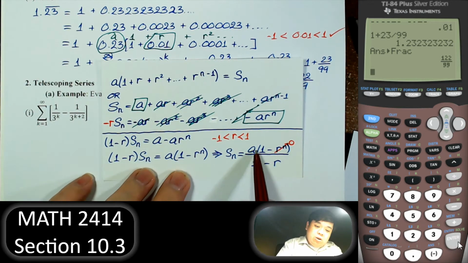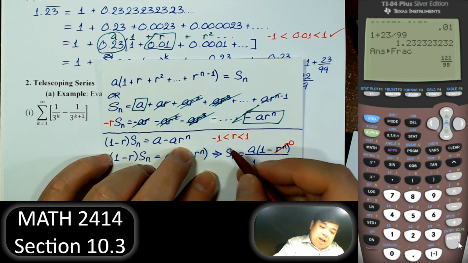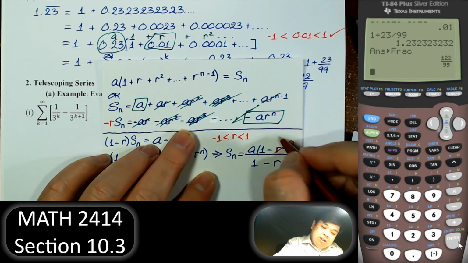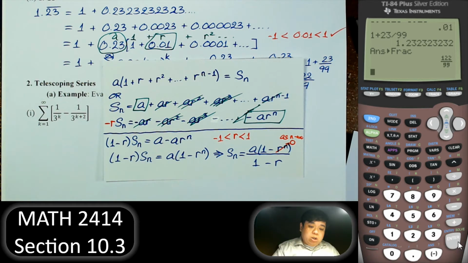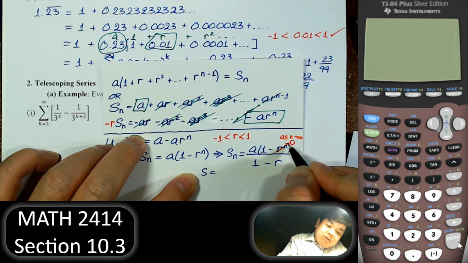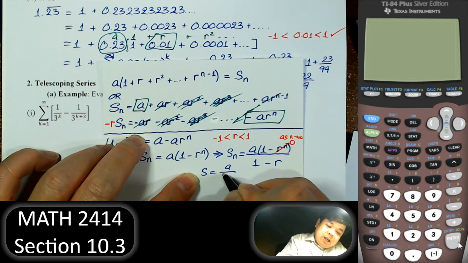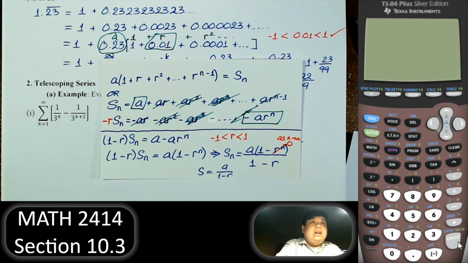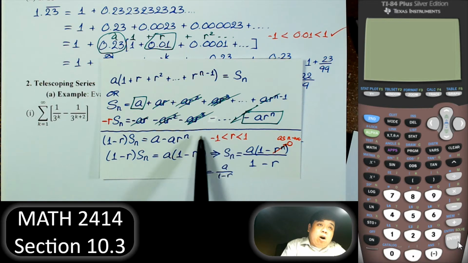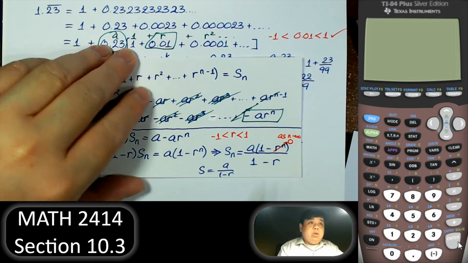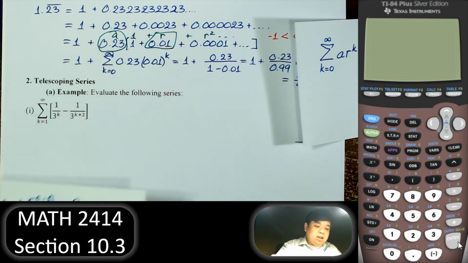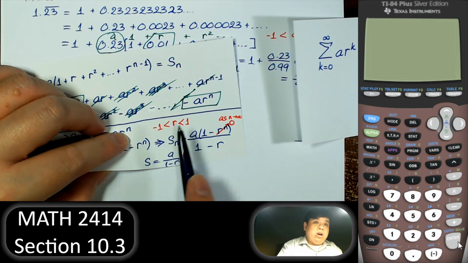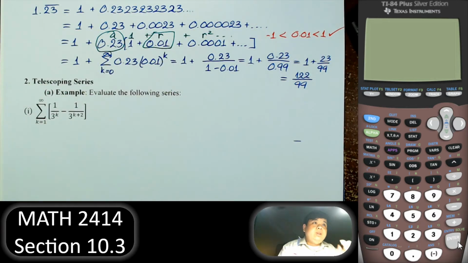So because that goes to 0 as n goes to infinity, when we take this sum to infinity, we do not have this term anymore. We just have a on the top and 1 minus r. So that's all we have. And of course, it only works if r is between -1 and 1. So this little proof here is the proof for the geometric series. Right, so that's the geometric series.